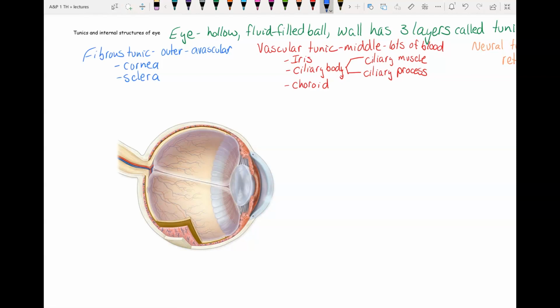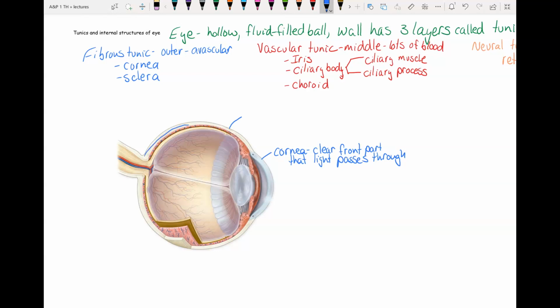So we'll start with fibrous tunic. The cornea is right here. It is the clear front part of the eye that light passes through. Then the sclera is all the white of the eye.